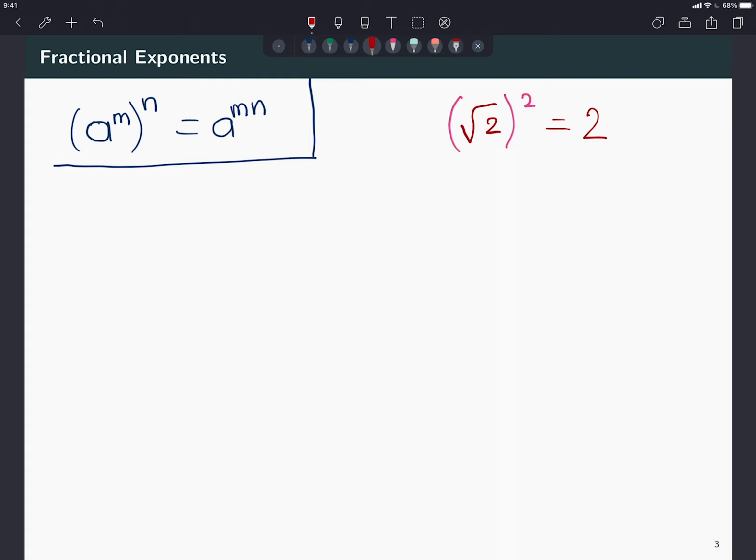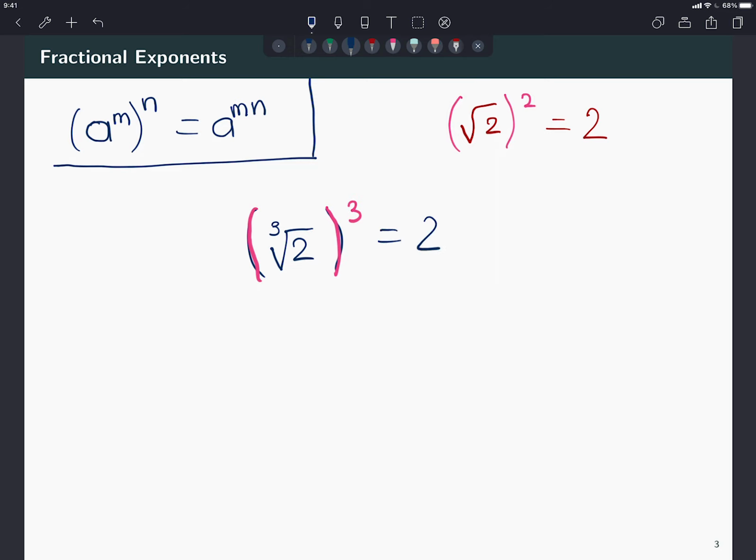So what I want to compare this with is, what would it mean to have the cube root of 2? What I'm saying is that if I cube this quantity, whatever that is, I should get a 2.